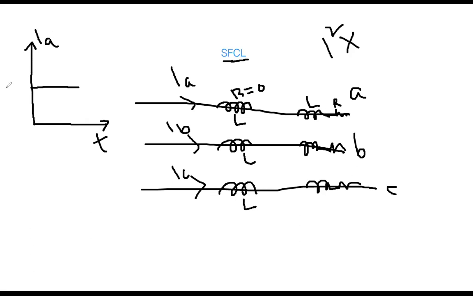Just assume that 1.0 per unit ampere current is flowing through this line, and this is the normal current. Now suddenly a fault happens somewhere along the line. This line is connected to the rest of the network. Consequently, along this line, the IA current magnitude will increase.